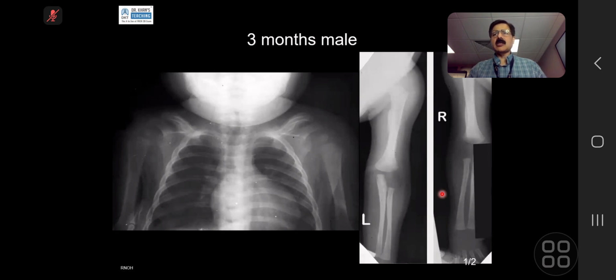But some people think it can be at birth, and some people have claimed to see it on ultrasound in utero, such as a thick mandible.